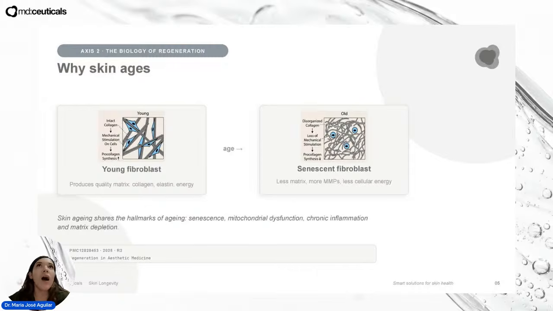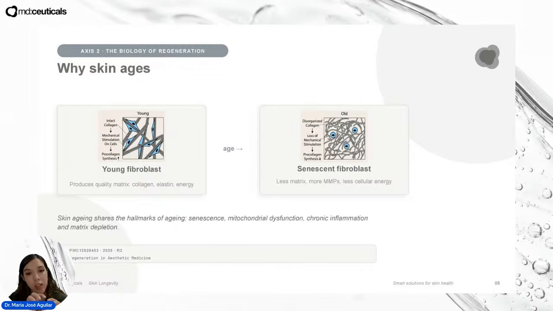So how can we introduce the patient to, or let the patient know about, how we are going to treat with the longevity treatment? First of all, we need to let the patient know what the fibroblast is and how it works. As you already know, the fibroblast is the main cell that produces collagen.